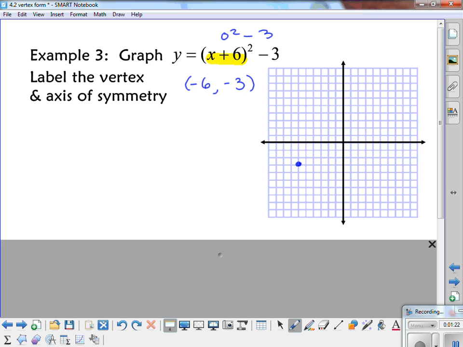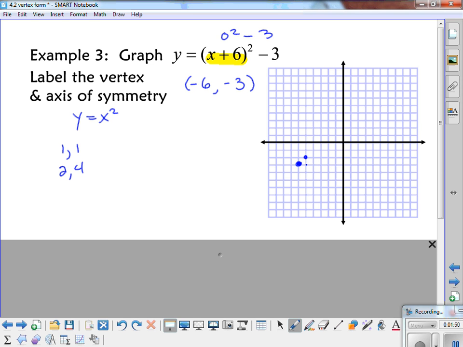Now, is there anything out in front of the x squared? No, so it's going to follow the same pattern as my y equals x squared, right? So in my parent graph, when x is 1, what's y? 1. When x is 2, what's y? 4. So if I imagine that this is my origin now where I'm starting on my vertex, if I go over 1, how much do I have to go up?